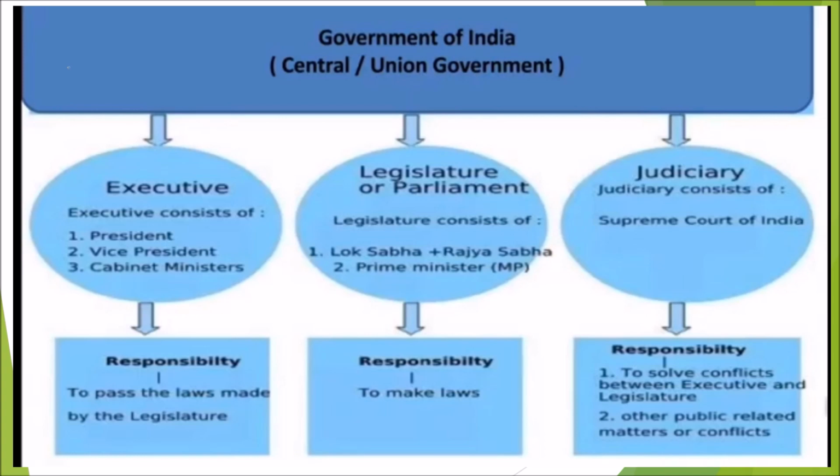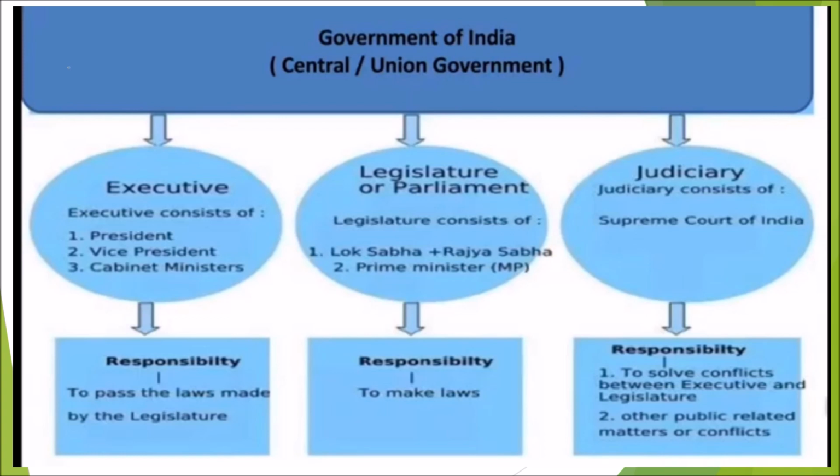So the major responsibility of the legislature branch is to make laws. Judiciary consists of the Supreme Court of India. So the major responsibility of the judiciary branch is to solve conflicts between executive and legislature.